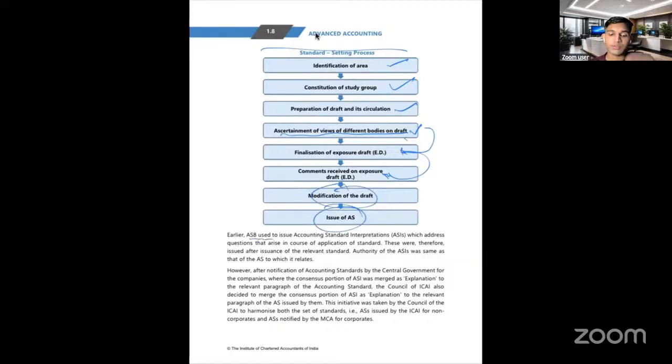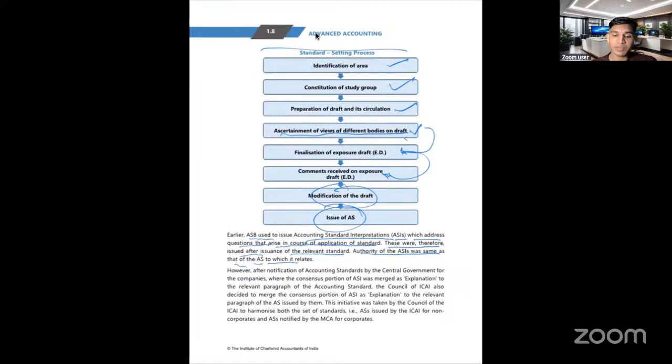Earlier, ASB used to issue Accounting Standard Interpretations, ASIs, which address the questions that arise in the course of application of standards. These were therefore issued after issuance of the relevant standard. The authority of the ASI was the same as that of the AS to which it relates.